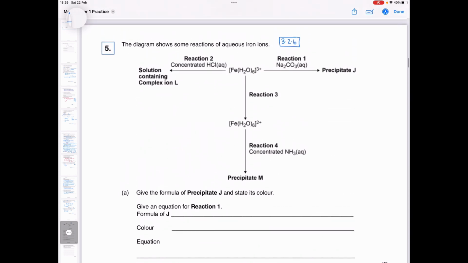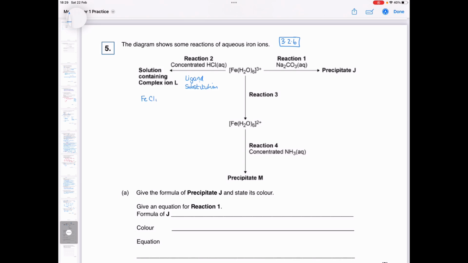So solution containing complex iron L. So when we use concentrated HCl, we're doing a ligand substitution reaction. And that's replacing water ligands with chloride ligands.